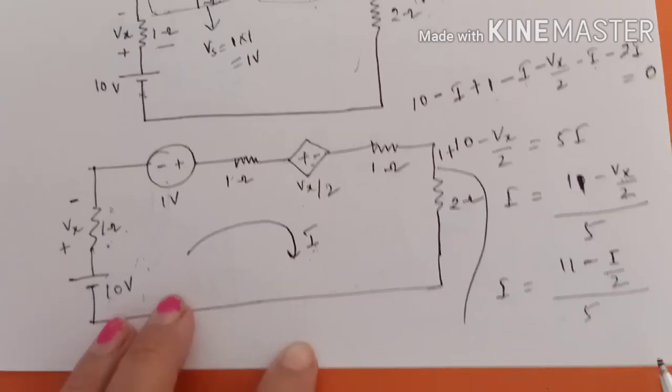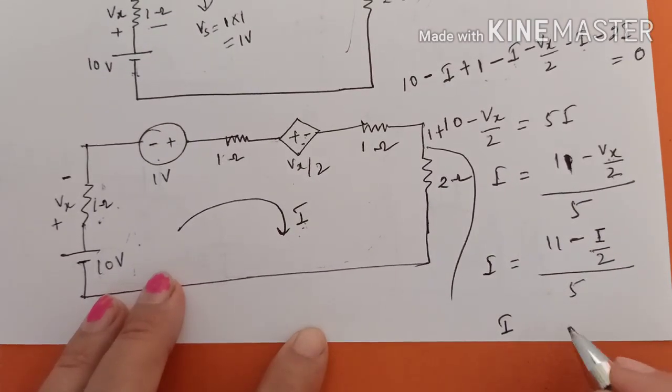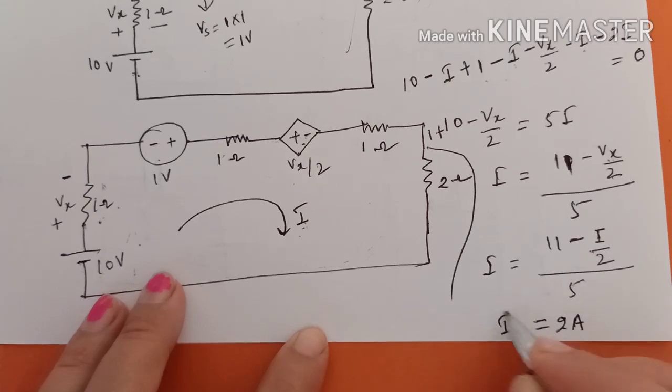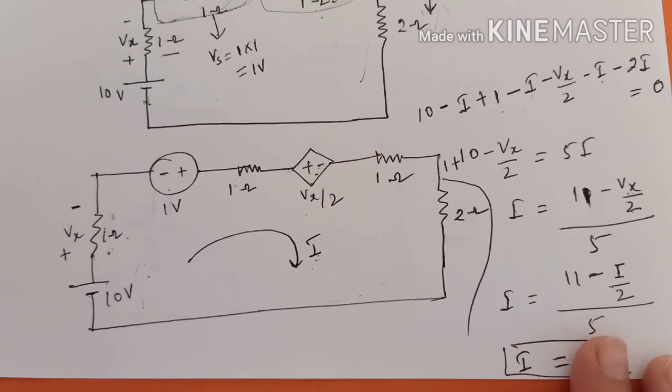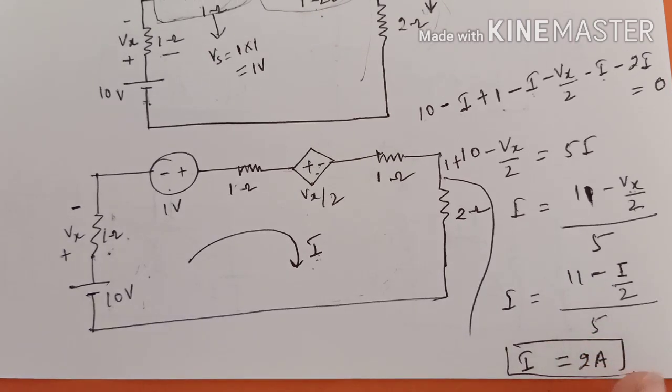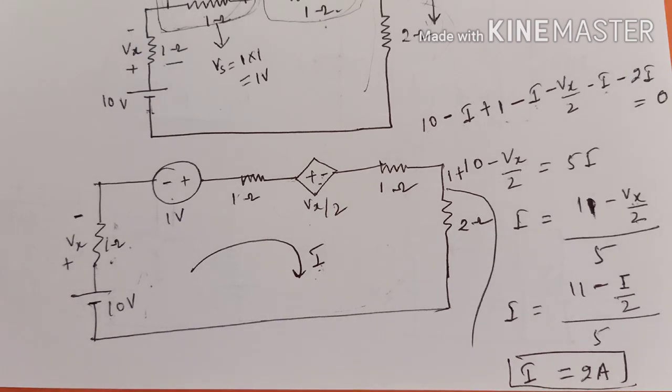Now solve this equation and you can get the current value. The current you get is 2 ampere. This is how you have to solve the circuit. How to identify the voltage source and current source, dependent voltage source or dependent current source, and how to convert the current source into a voltage source and voltage source into a current source. All these concepts I have discussed in today's class.